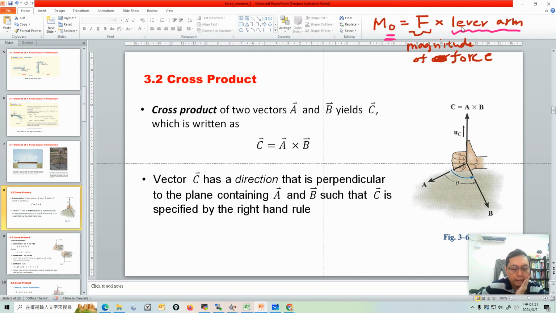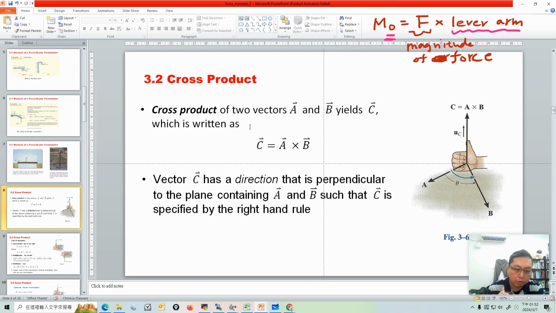This tool we call the cross product. It's A cross B, A vector cross B vector. The cross product multiplies two vectors and becomes a new vector.